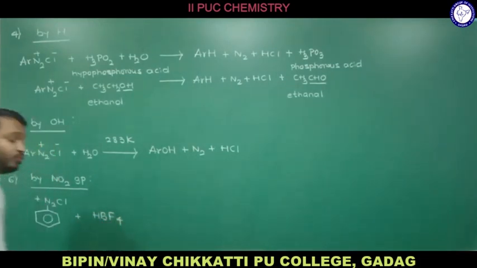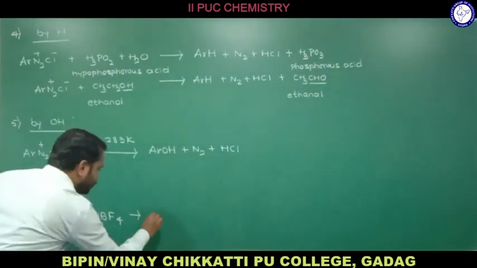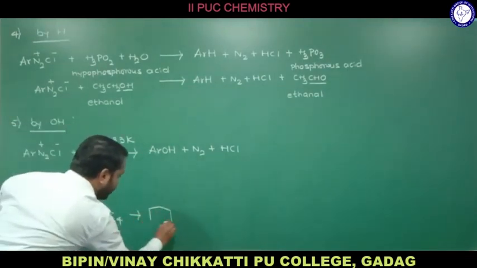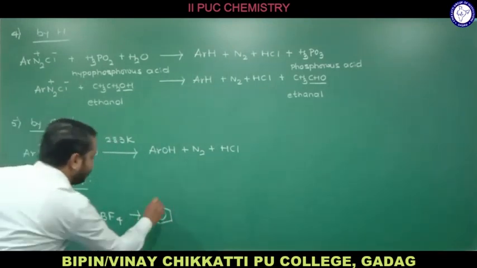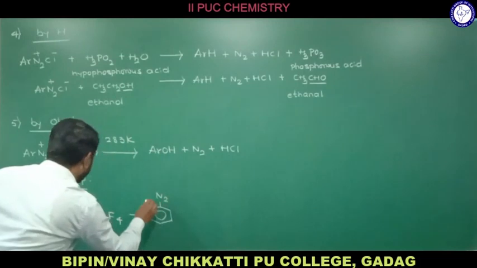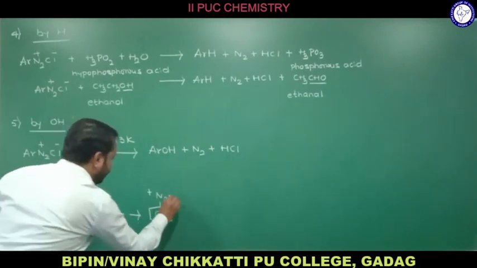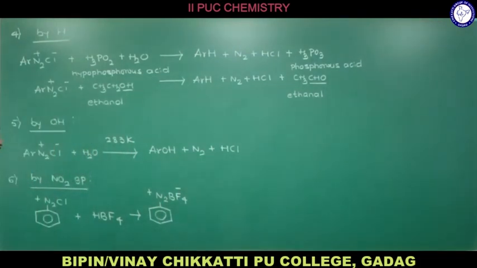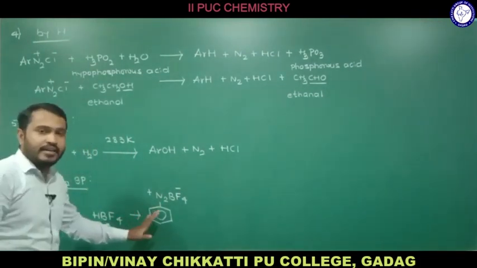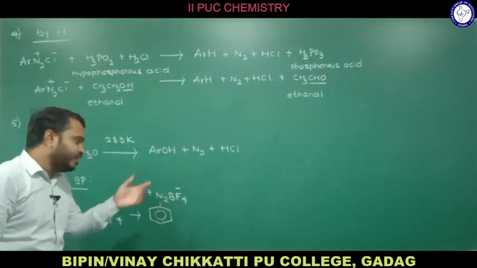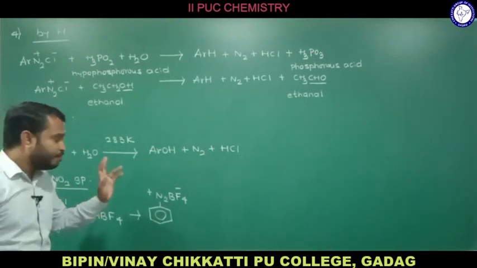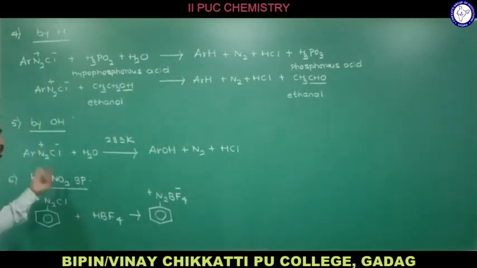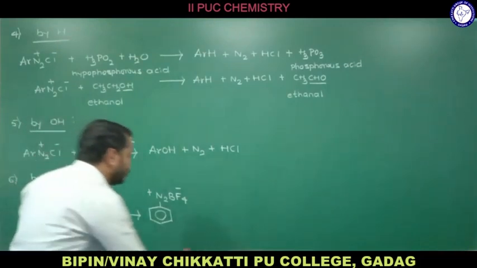HBF4, fluoroboric acid, as we have seen in this case, what we are going to get here is a benzene ring, of course, and here we have N2+, and we will be getting BF4-, and when this is heated, we get fluorobenzene as we know, but we are interested in the NO2 group, so we need to replace nitrogen by NO2.